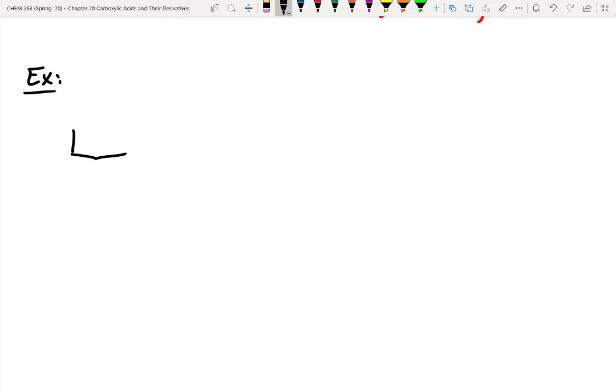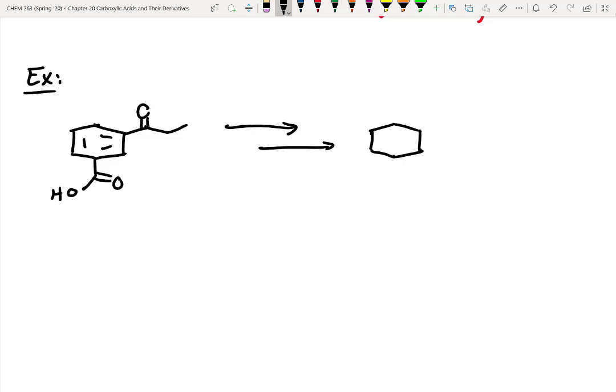So let's say I have this compound where I've got a ketone and I've got a carboxylic acid. And my goal is to convert this to a product where the carboxylic acid is reduced to an aldehyde.